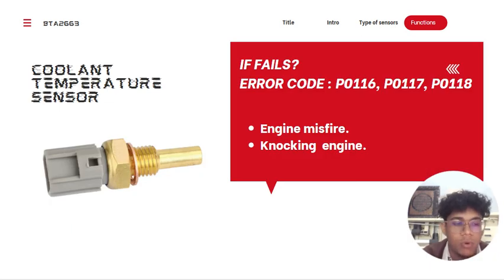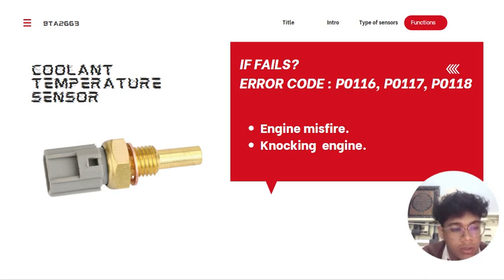A cold engine needs more fuel than a hot engine. This means that if the coolant temperature sensor is malfunctioning and telling the ECU that the engine is cold even though it is hot, the ECU is going to inject extra fuel, which is going to result in a rich running condition. And this means you are going to get poor mileage or even black smoke from the exhaust in severe cases.